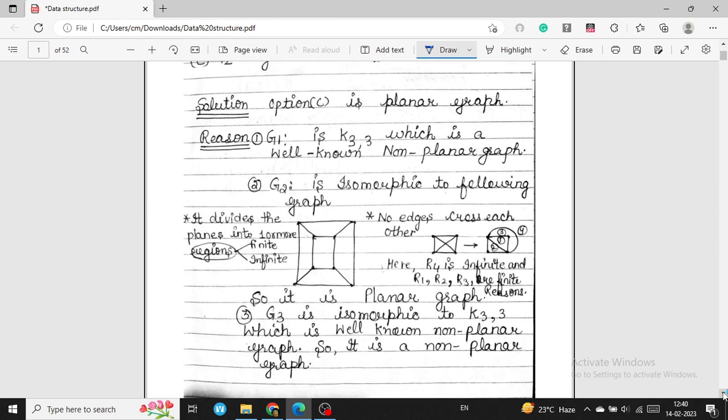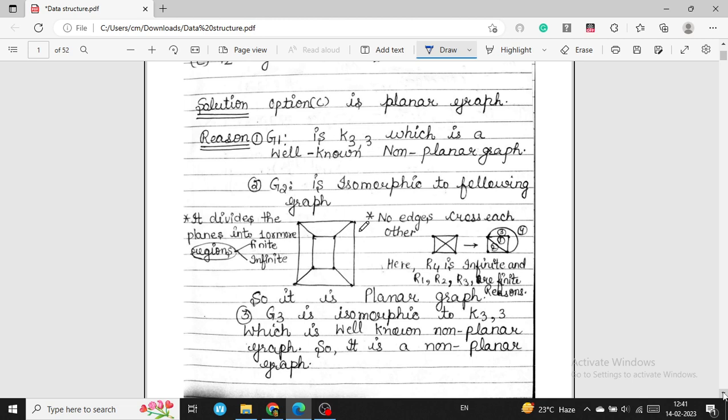Planar means that when we draw a graph, the edges do not cross each other. When edges do not cross each other in a graph, that is known as a planar graph.